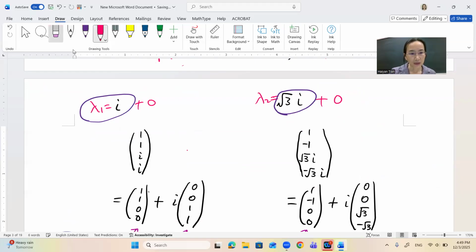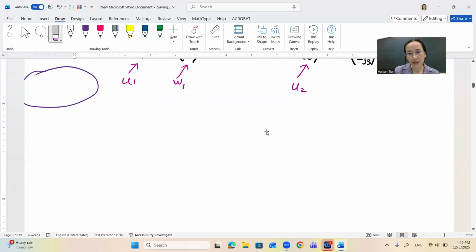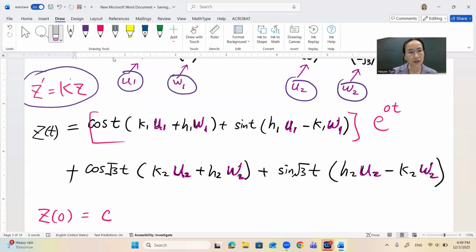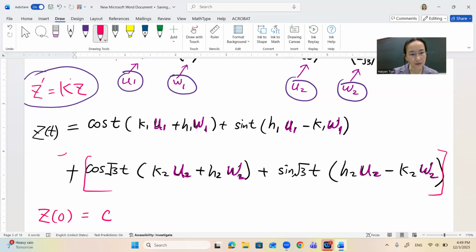So we have only a 0 real part for each eigenvalue, so e to the 0t is 1. We don't need that. Similarly, for the other part, the real part is 0, so that is 1 simply. So it makes the solution look like this.